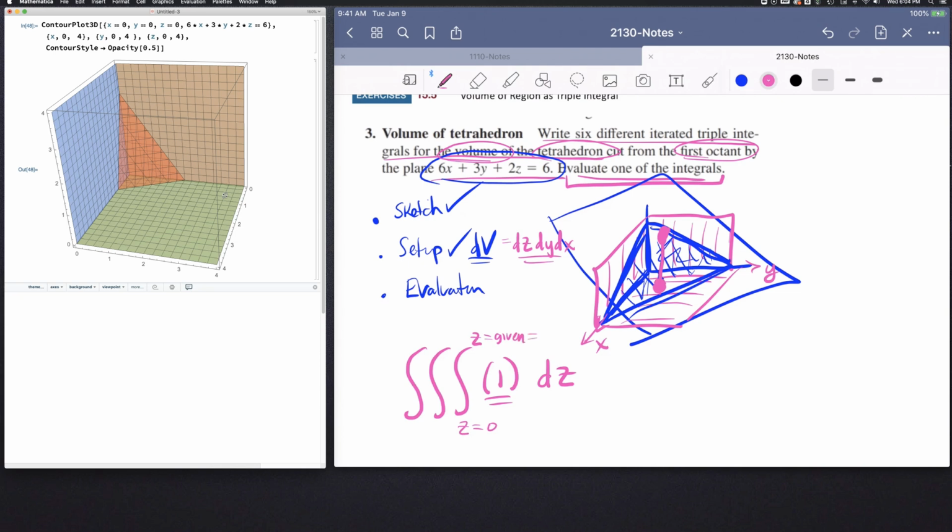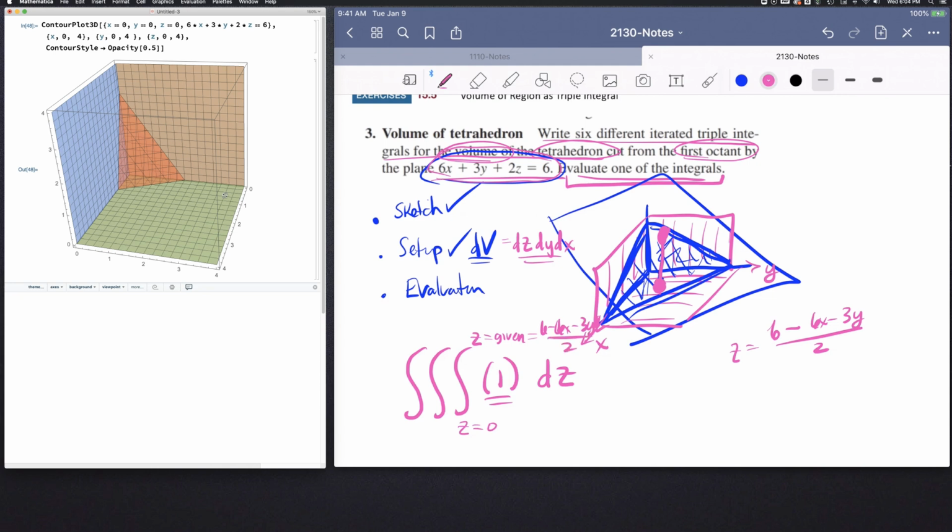And the given plane is right here, and we'll need to solve that for z. So z would be 6 minus 6x minus 3y, and then divide by 2. That is the z. 6 minus 6x minus 3y divided by 2.